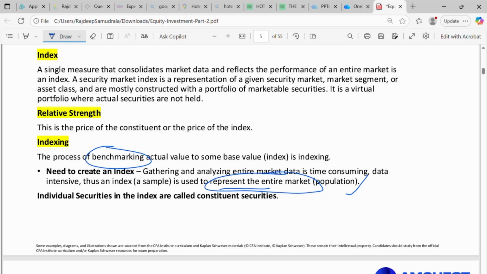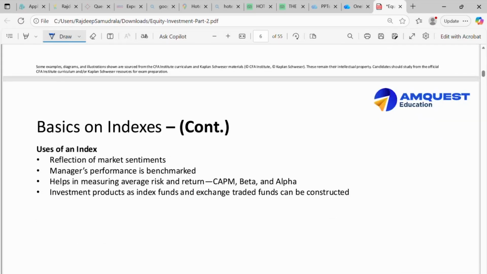Each of the securities you choose within the index is called a constituent security, because it constitutes a part of the index as an individual security. The uses of an index: it helps reflect market sentiments, and the biggest use is that it helps you benchmark performance, and look at risk and return. When you see any portfolio returns, they will tell you the return your portfolio has given vis-a-vis the index. They always index it and give you a return based on that.